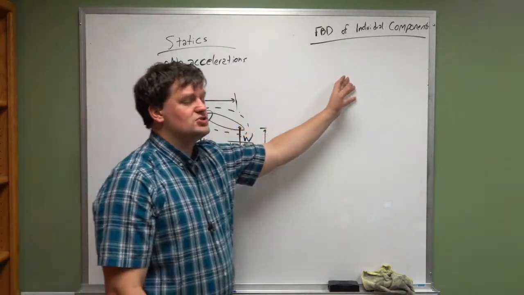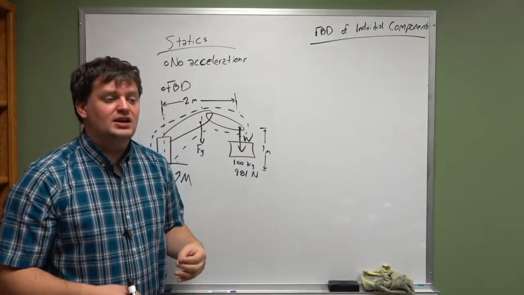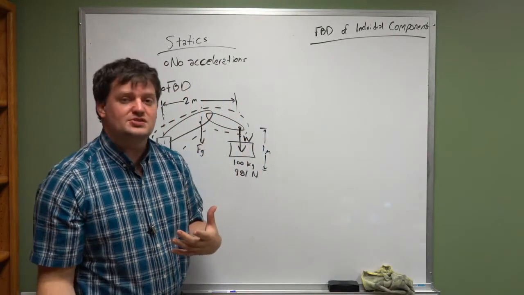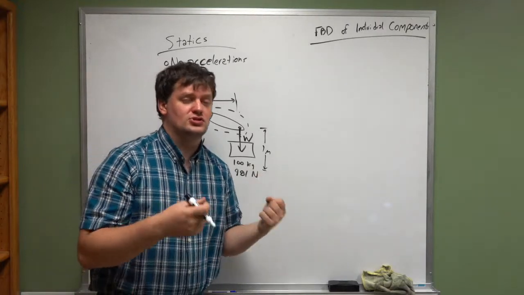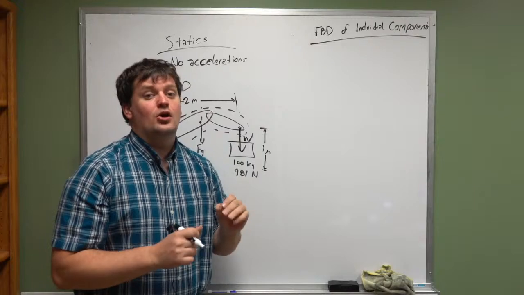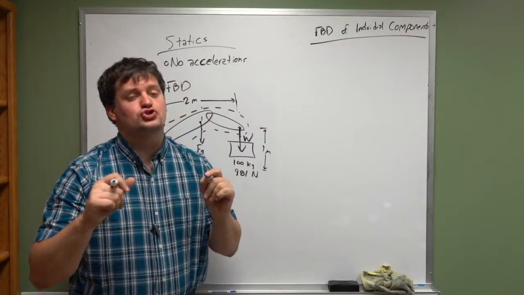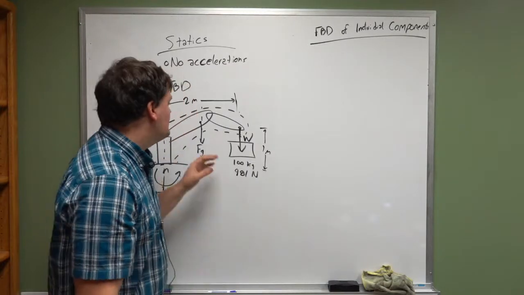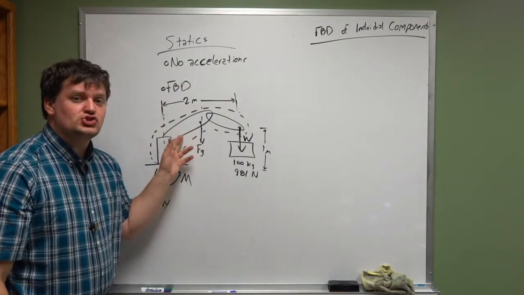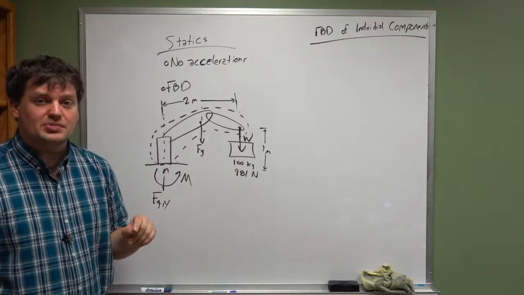So when we do individual components, what we're doing is establishing the forces being transmitted through those components, the loading conditions on those components, such that we can begin to analyze the stresses on those components. Why do we need to know the stresses? Because we need to know if those stresses are so high that they cause the component to fail.